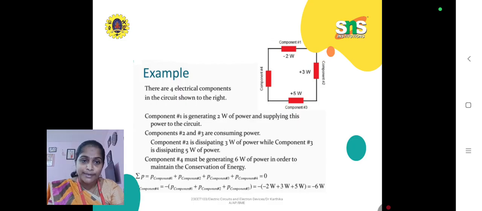So our formula becomes summation P equals P of component 1 plus 2 plus 3 plus 4, which must be 0. So we get minus 2 watt plus 3 watt plus 5 watt plus P4 equals 0, so P4 is minus 6 watt. The main thing is that the sum of power must be equal to 0 throughout the circuit.